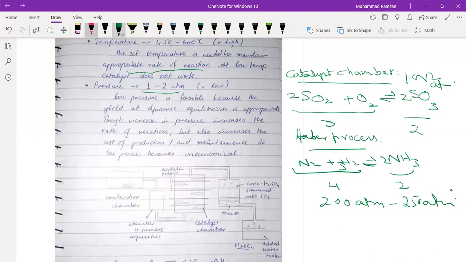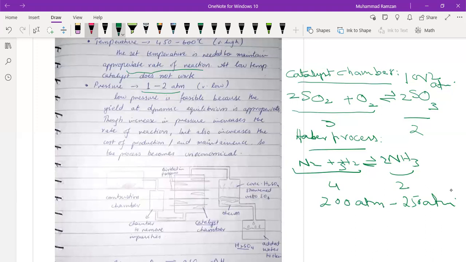When you say the value of Kc or Kp is higher, it means the yield at dynamic equilibrium is more. Means maximum reactants are changed into product at dynamic equilibrium. Products are maximum, have a larger proportion.